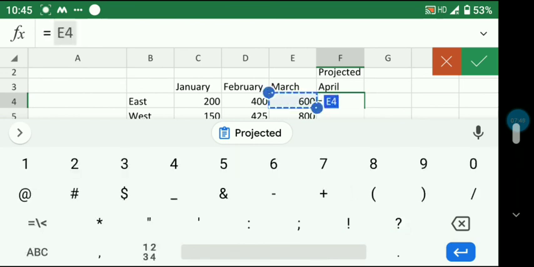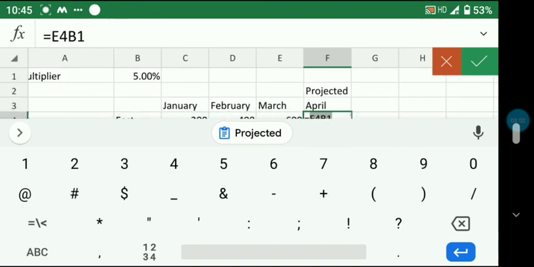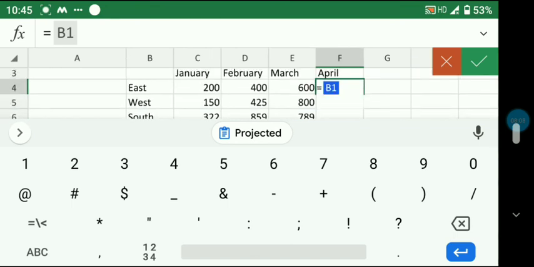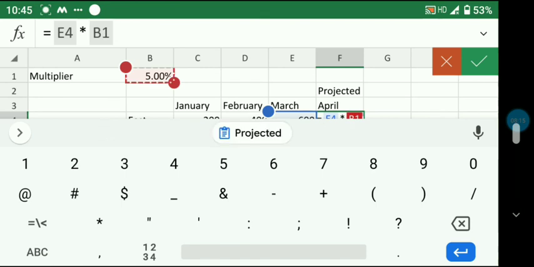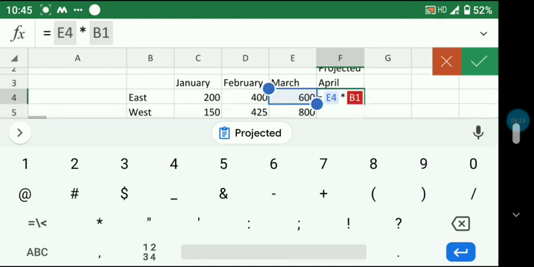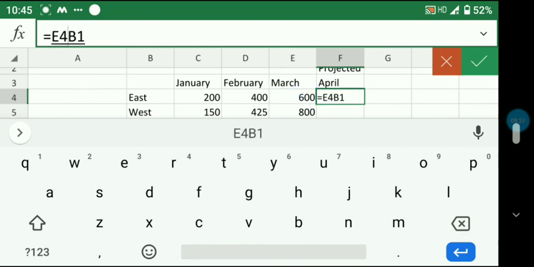then multiply. You have to give the multiplication symbol. Then you have to choose the multiplier. My multiplier value is located over here. Initially I have to choose this one, multiply, my multiplier's value, and then the plus.